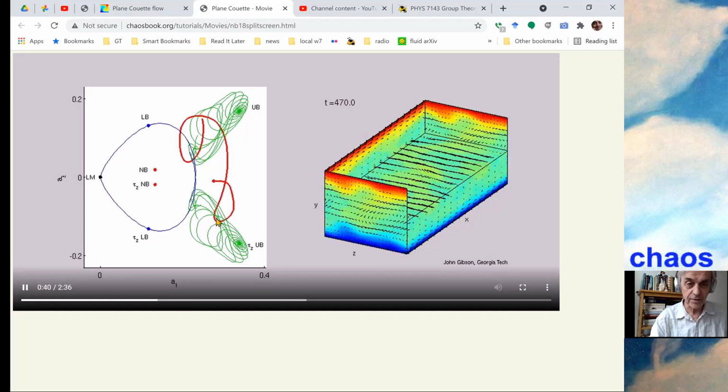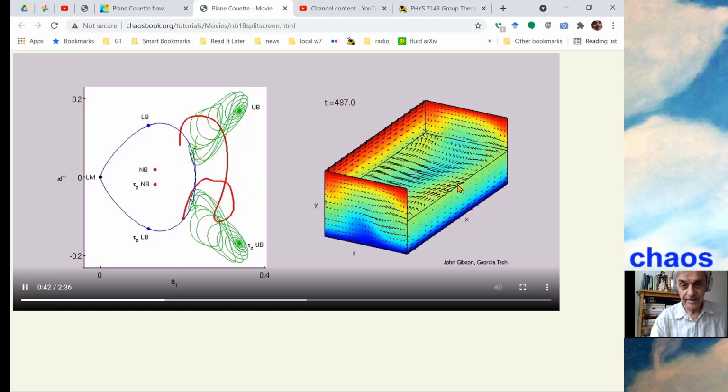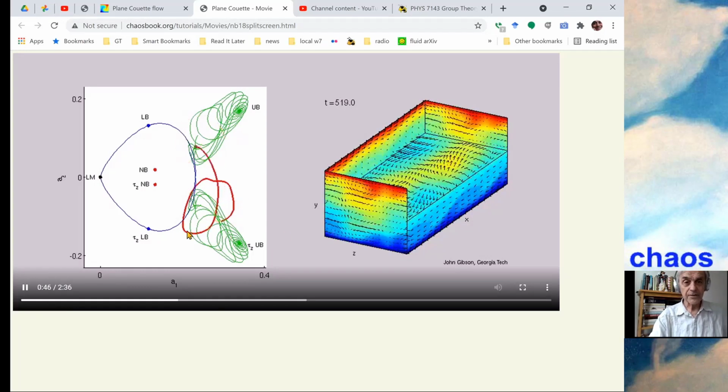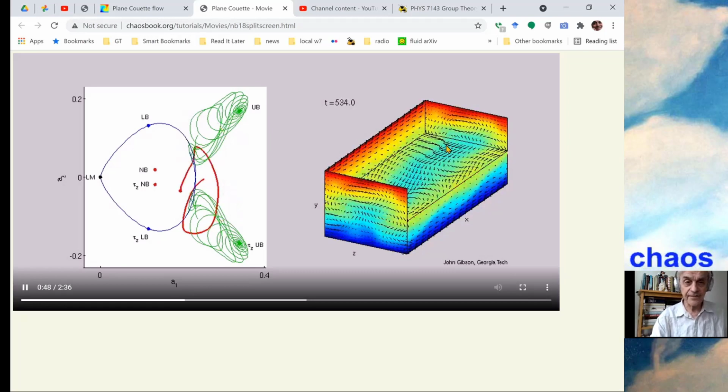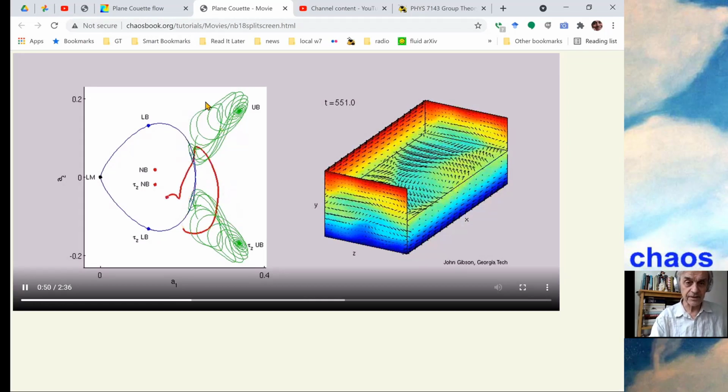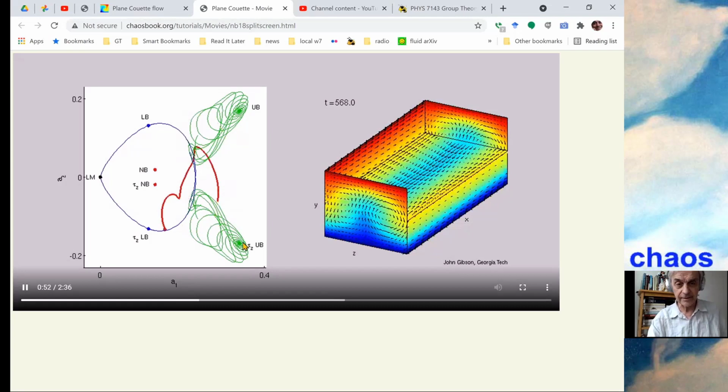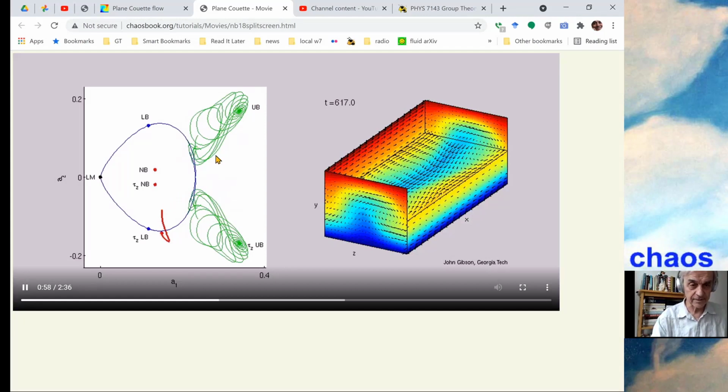Then it jumps. When it's long, it's very fast. It does something wild here, does something wild here. And you start realizing that this wild thing can be given names because it's going close to the equilibria that you computed exactly, this upper lower branch and so on, and God knows what.